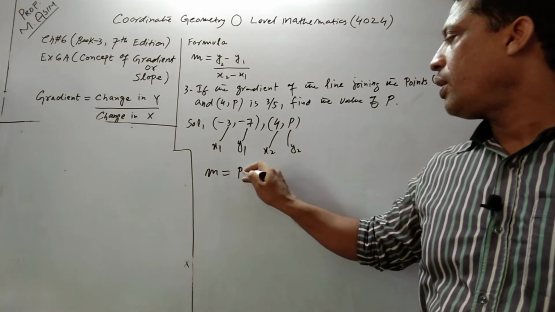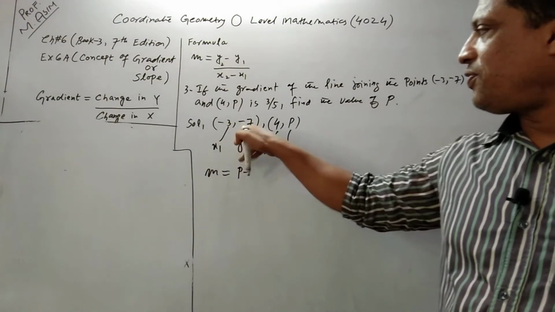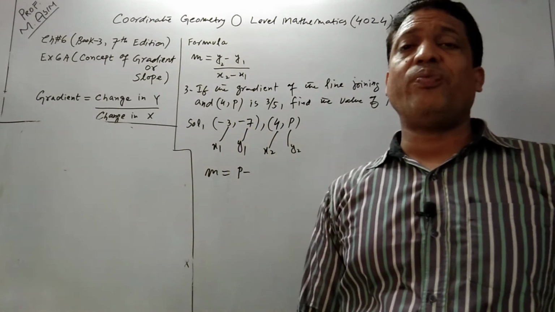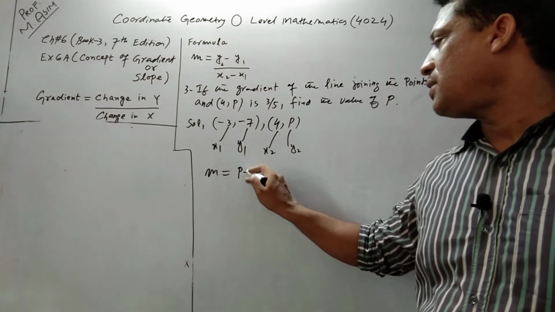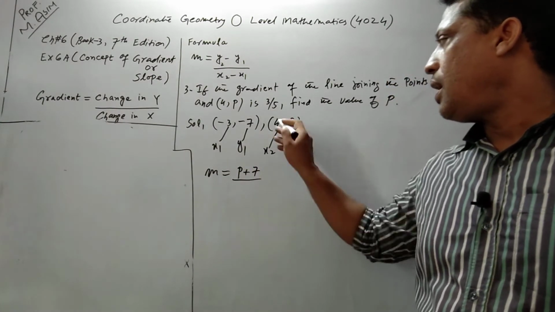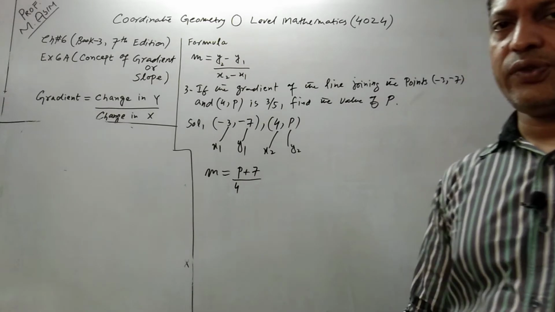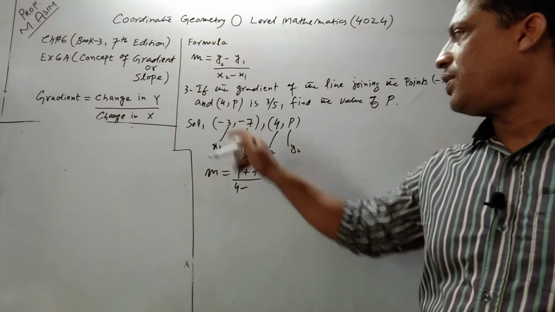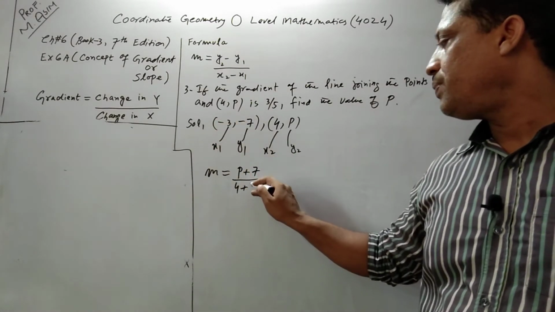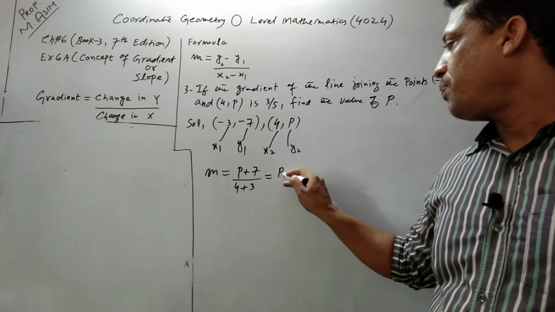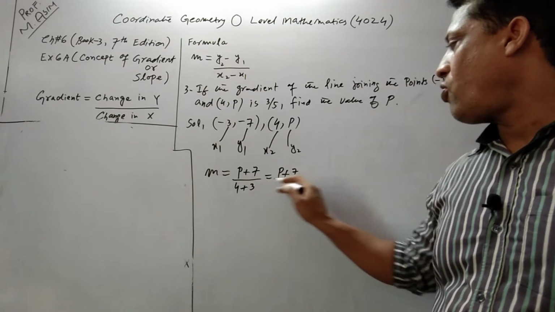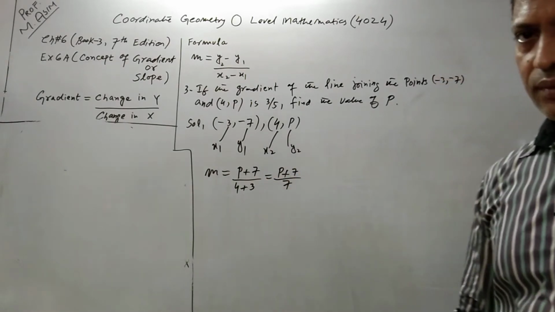P minus. What is y1? Minus. So minus multiplied by minus is plus, upon x2 is 4 minus x1, minus minus plus. So p plus 7 upon 4 plus 3 is 7.